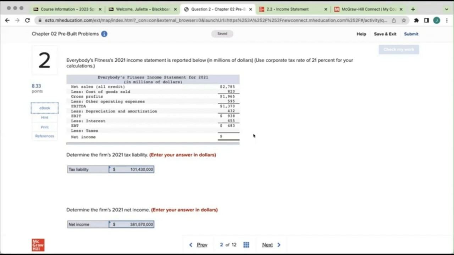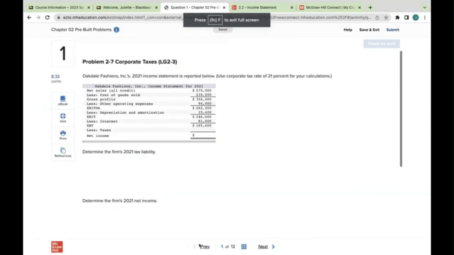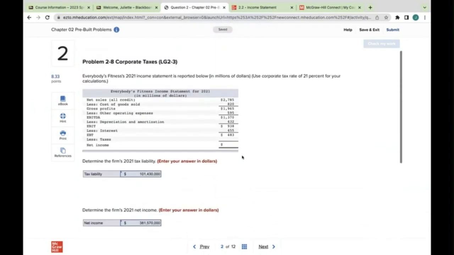That's the taxable income logically. So you would apply 21%, and you would arrive at exactly that number, right? So logically, this number is the correct number.